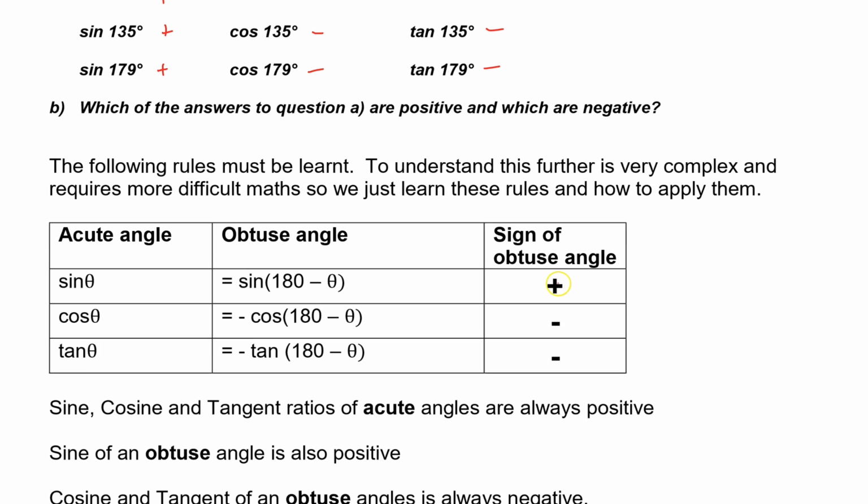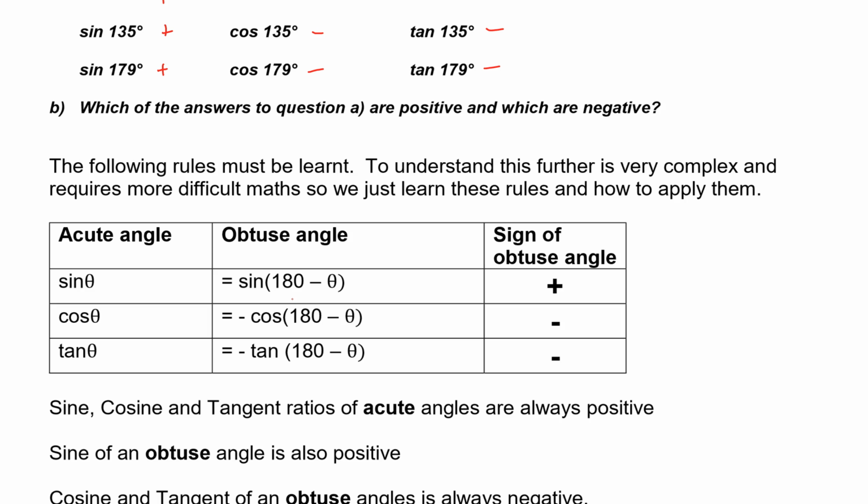Something else we can learn about these: sine is always positive for obtuse angles, and tan and cos are negative. We also have another relationship. If we find the supplement of our obtuse angle, it is an acute angle. Remember, supplementary angles add up to 180 degrees.